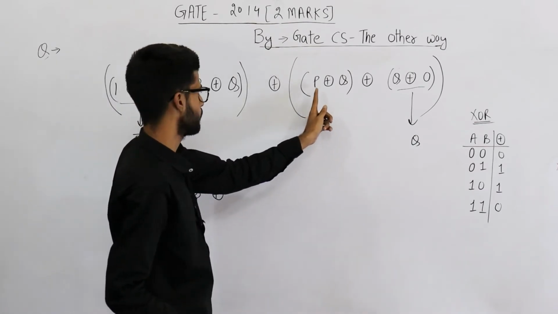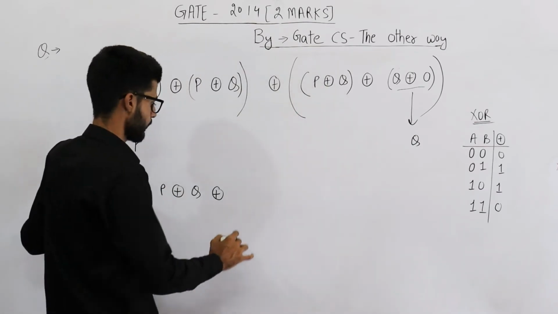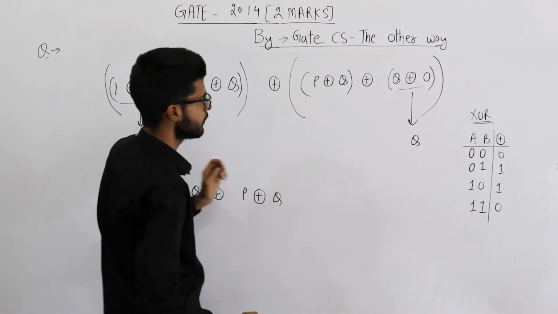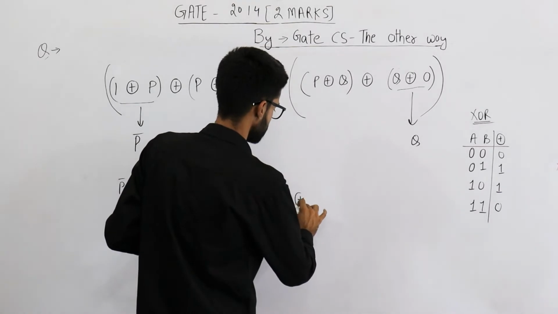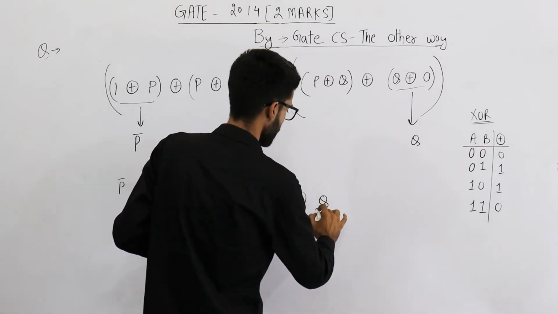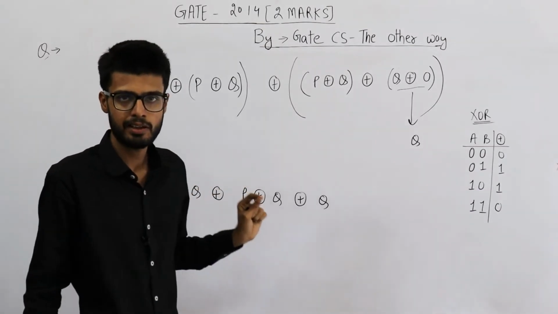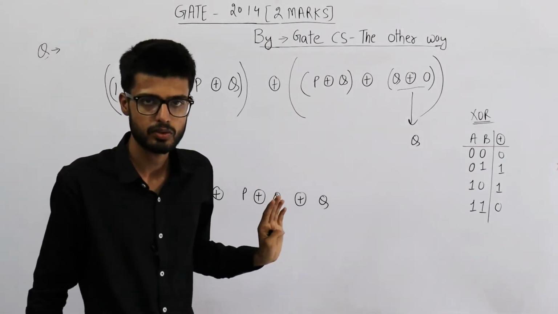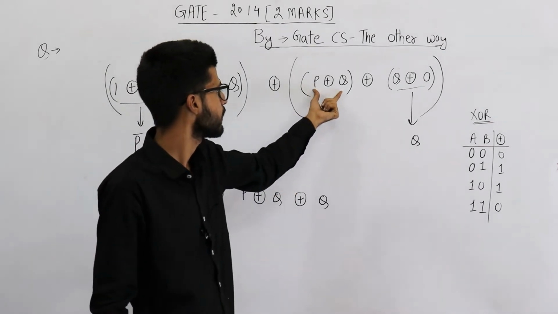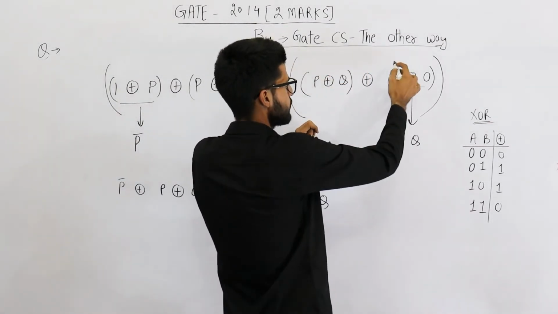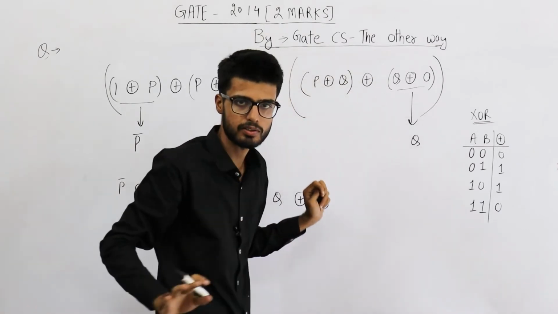Then you have P XOR Q XOR this Q. Now I've told you that brackets do not have any importance because it is associative. So it doesn't really matter if I solve this first or if I solve this first. I can even put brackets here and solve Q XOR Q first.